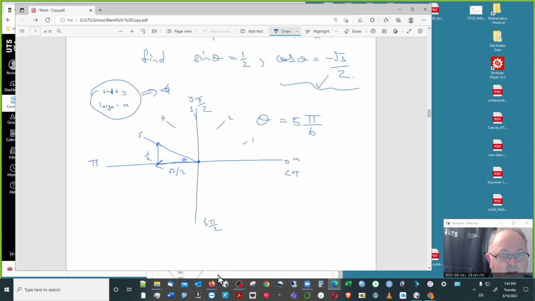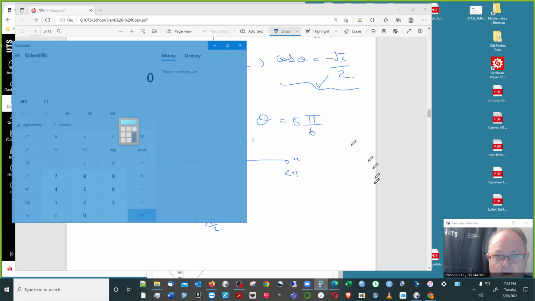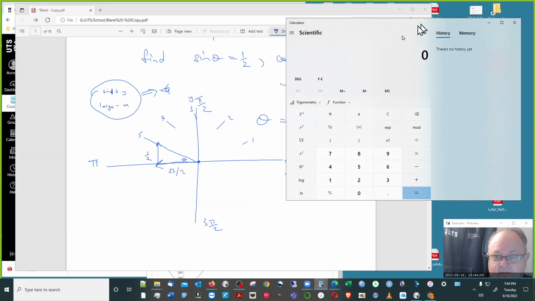Sine 5 pi on 6 is? Makes me think I did something wrong. Going to radians, they're correct for both of them. I just checked it. Thank you.